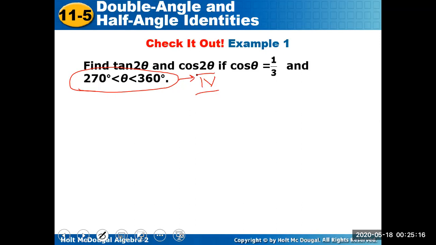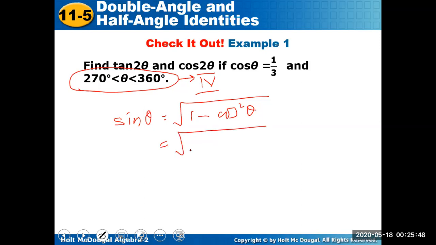So if I'm finding sine, instead of sine square theta, I'll just write sine theta equal to square root of 1 minus cosine square theta. This is derived from the formula sine square theta plus cosine square theta equals 1.